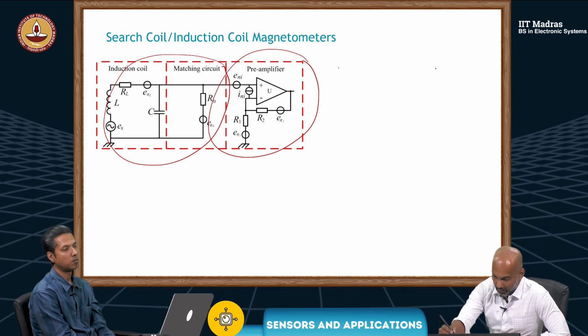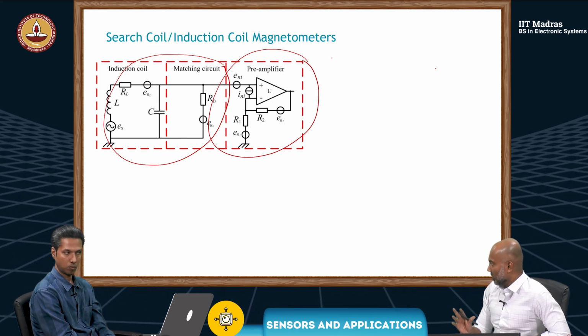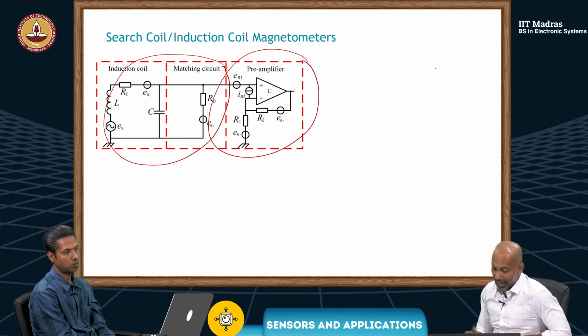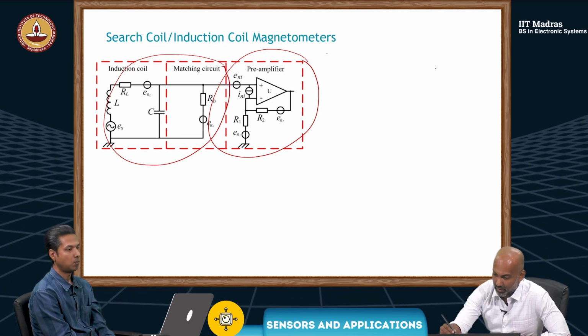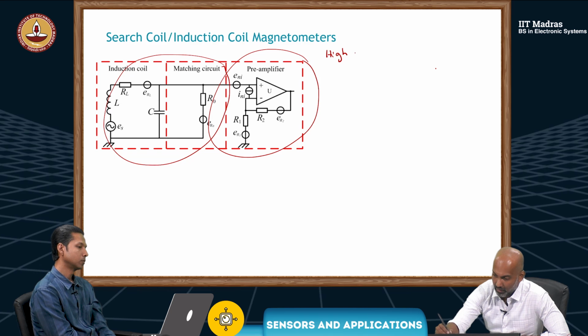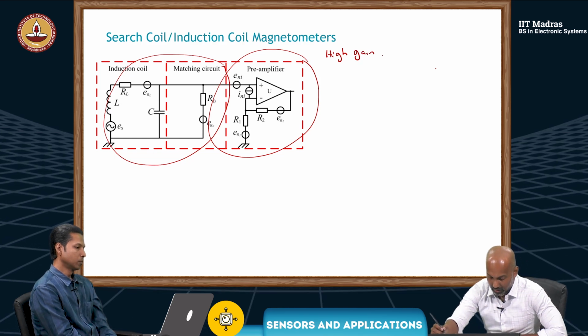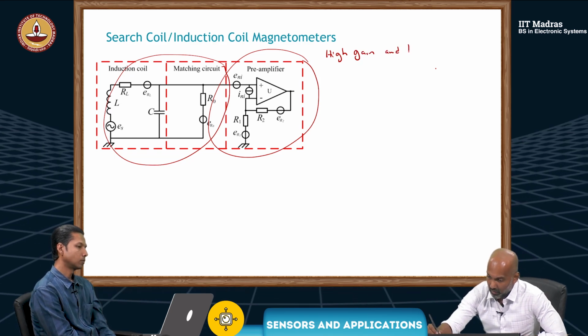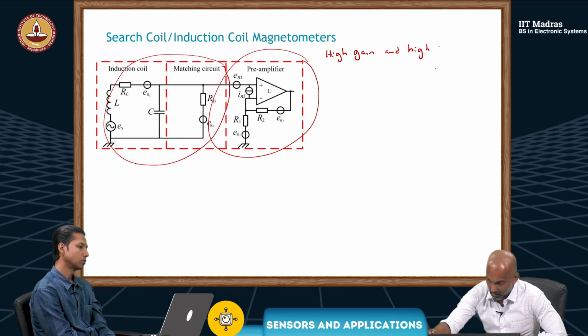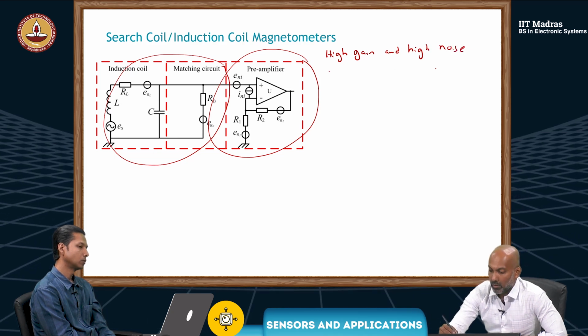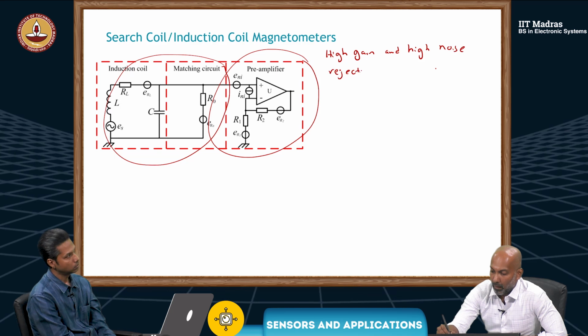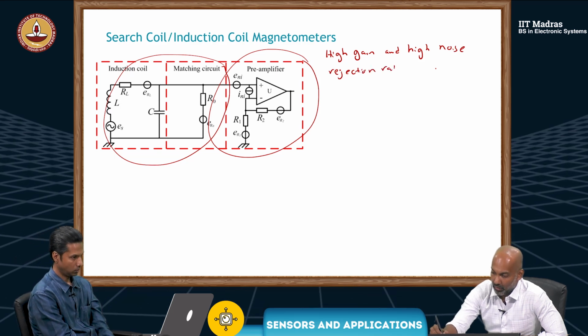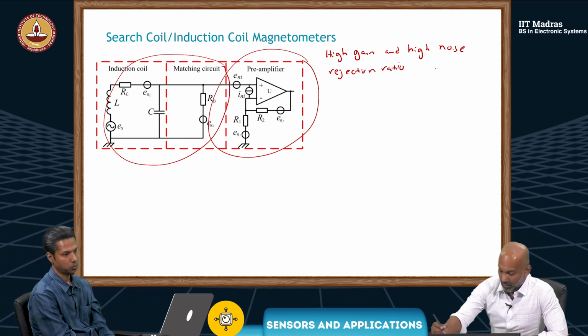Then it amplifies the output, which is great. Ideally, you would want this amplifier to have a high gain and high noise rejection ratio, right?